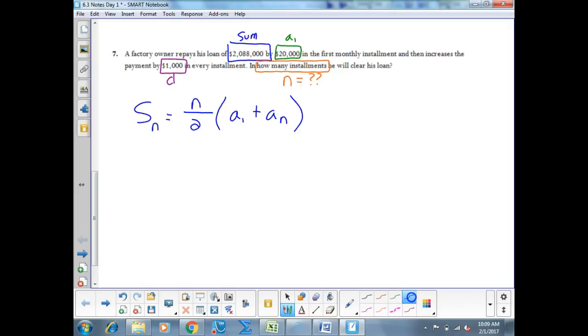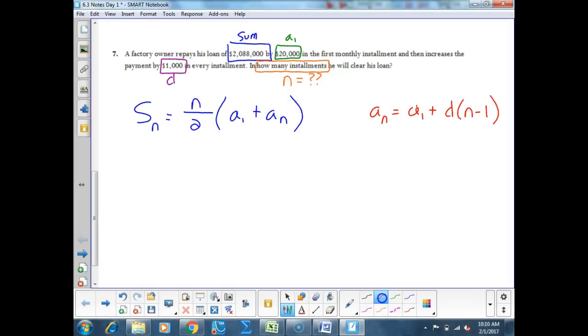Okay? They're color-coded. What's the other formula that we have? The explicit formula, right? a sub n equals a sub 1 plus d times n minus 1. Now, can I use that formula to find the last term?